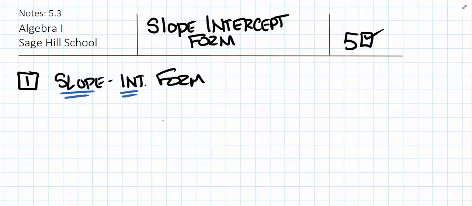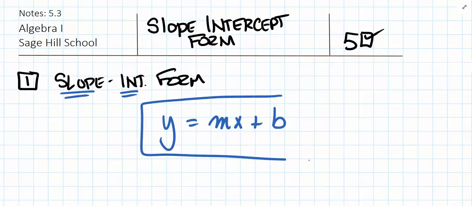And of course, it is this, y equals mx plus b. I'm sure that you have seen this before, all right? M stands for what? The slope. Exactly. All right, what does the b stand for? The y-intercept.